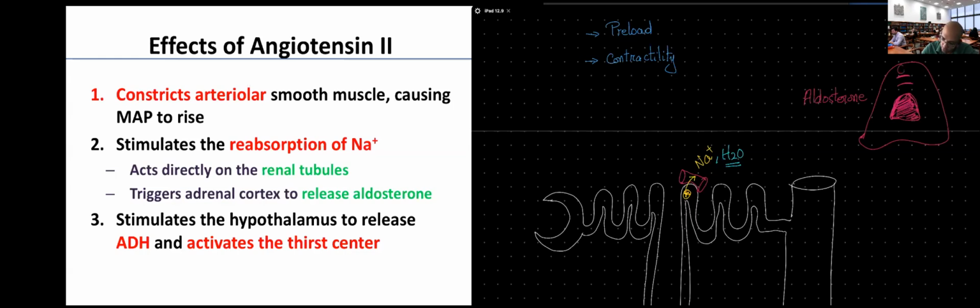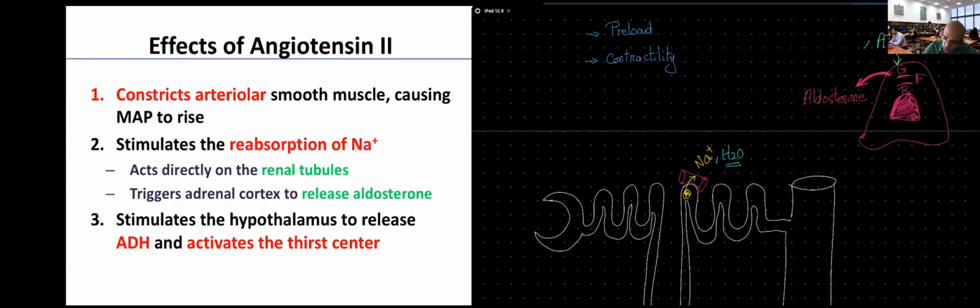Remember, those 3 layers are my zona glomerulosa, zona fasciculata, and zona reticularis. Aldosterone is a mineralocorticoid that gets released from the zona glomerulosa of the adrenal cortex. So what did stimulate here the zona glomerulosa to secrete the aldosterone?